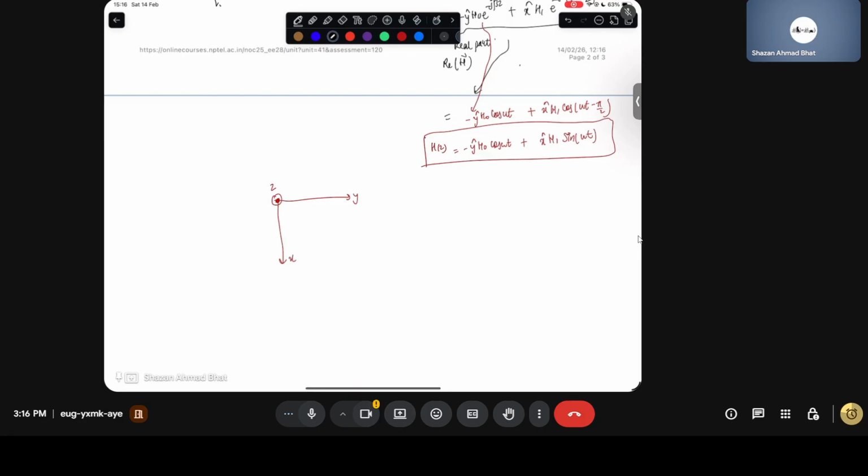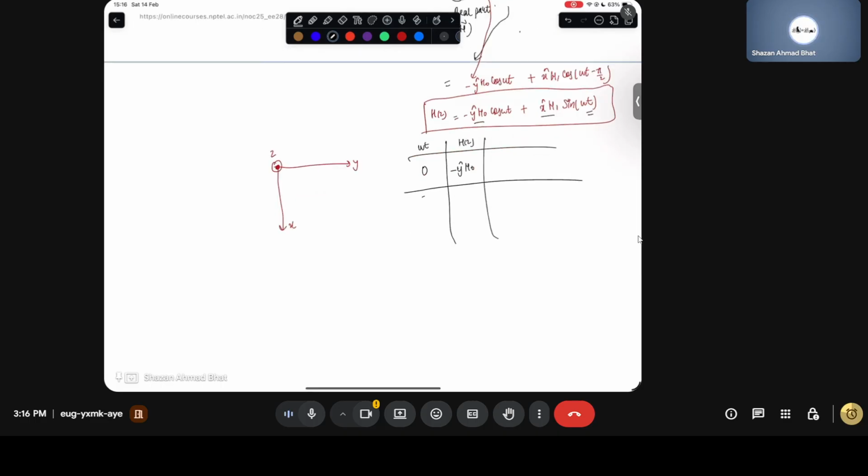So let's take certain cases. Let's say this is omega t and this is hz. So at omega t equals 0, this component will remain and this component will go to 0 because this will be 0. So this will be minus y cap h naught.